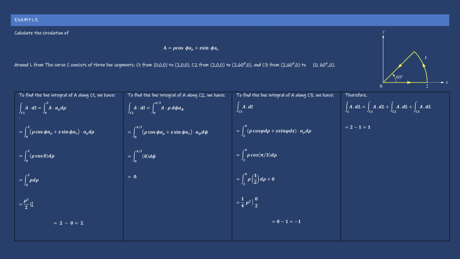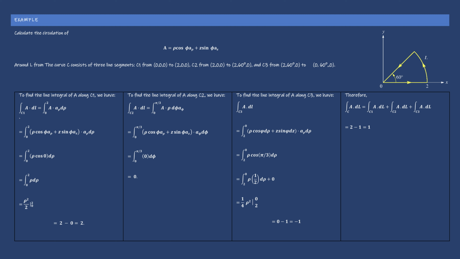The dot product of A and the differential vector leaves the rho component only, so the line integral along C1 is the integral from 0 to 2 of rho cosine phi d rho, which is equal to half of rho squared evaluated from 0 to 2, which is equal to 2.